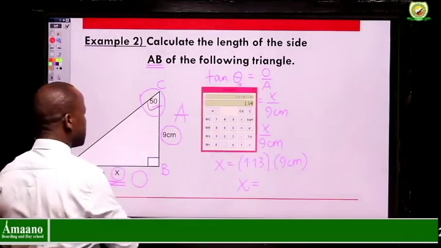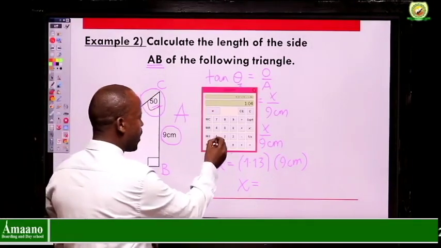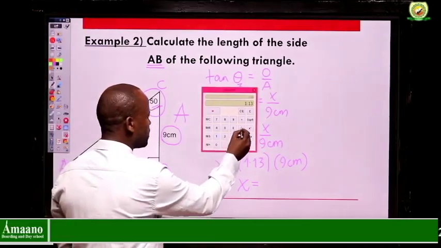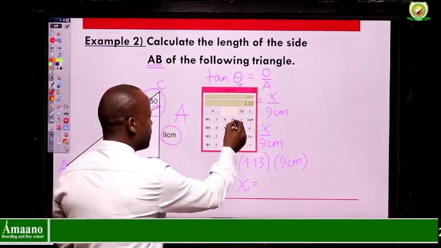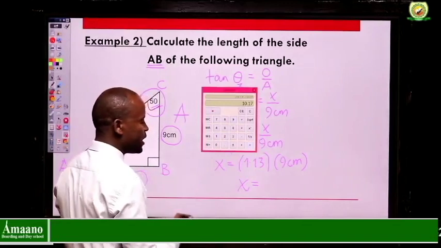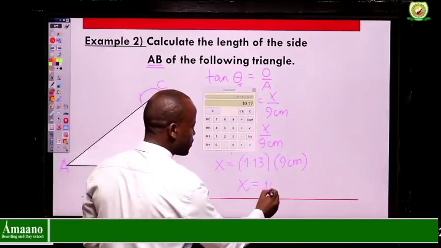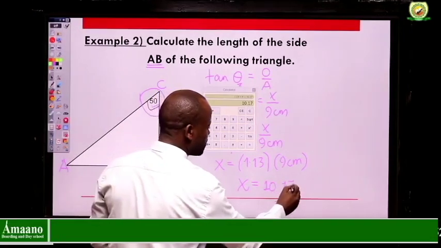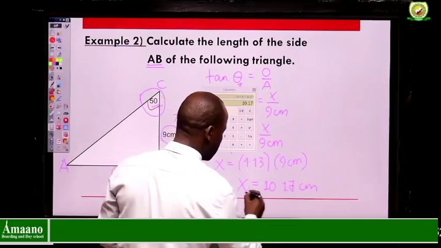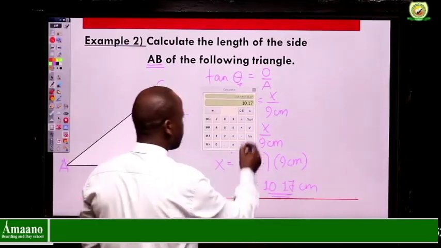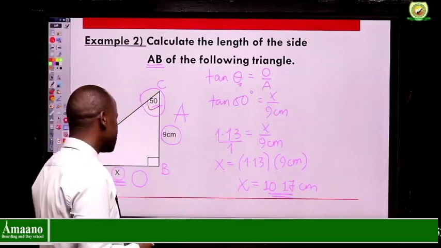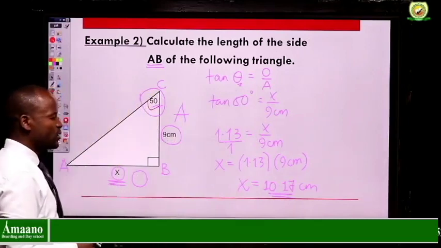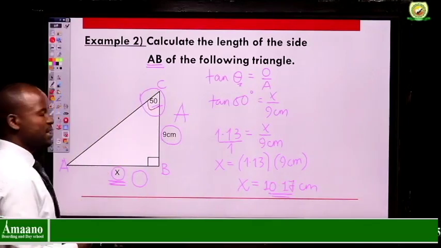You can use your calculator. 1.13 times 9 is 10.17. So 10.17 centimeters is the length of x, or side AB. Okay, this is the second example.